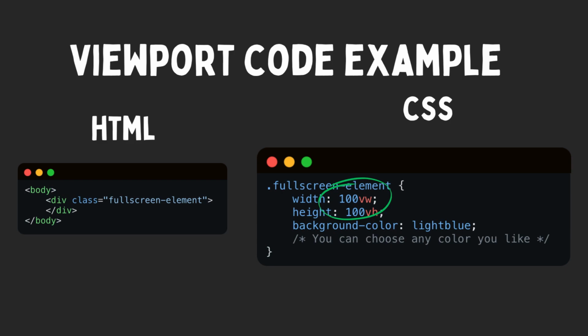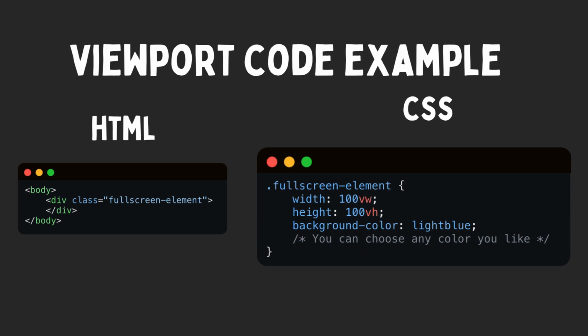The VW unit stands for viewport width, where 1 VW equals 1% of the viewport's width. 100 VH. This sets the height of the element to 100% of the viewport's height. The VH units stands for viewport height, where 1 VH equals 1% of the viewport's height.